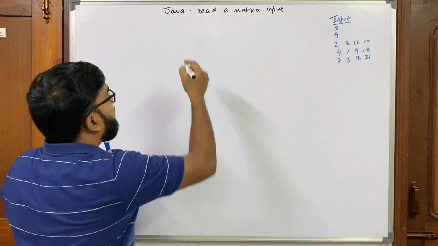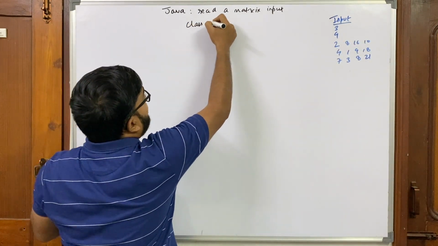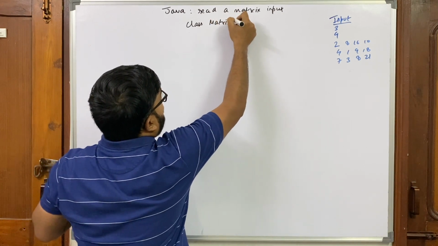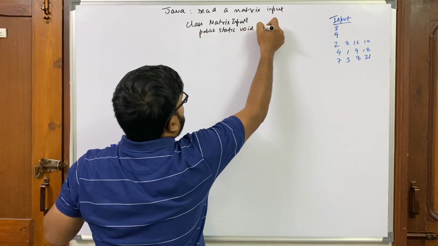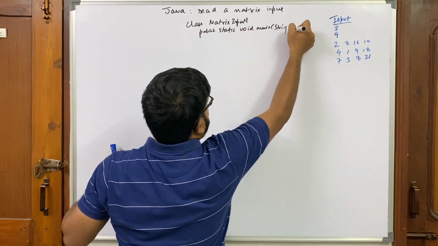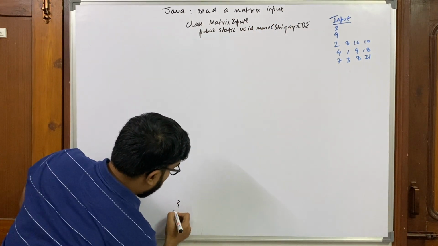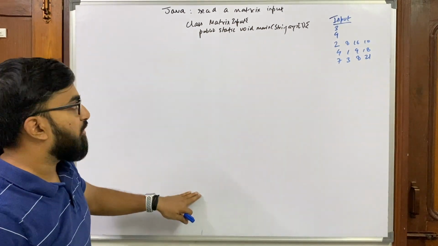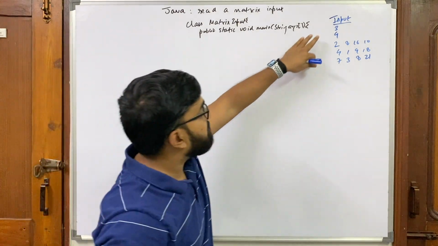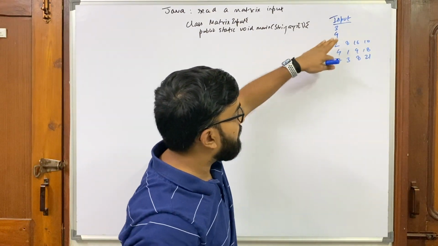I'll write a basic template for a main method. I'll write class MatrixInput, public static void main(String[] args), the function begins here and closes here. We will read this matrix in the main method of our program. The input has the number of rows, number of columns, and the values for the 2D array.